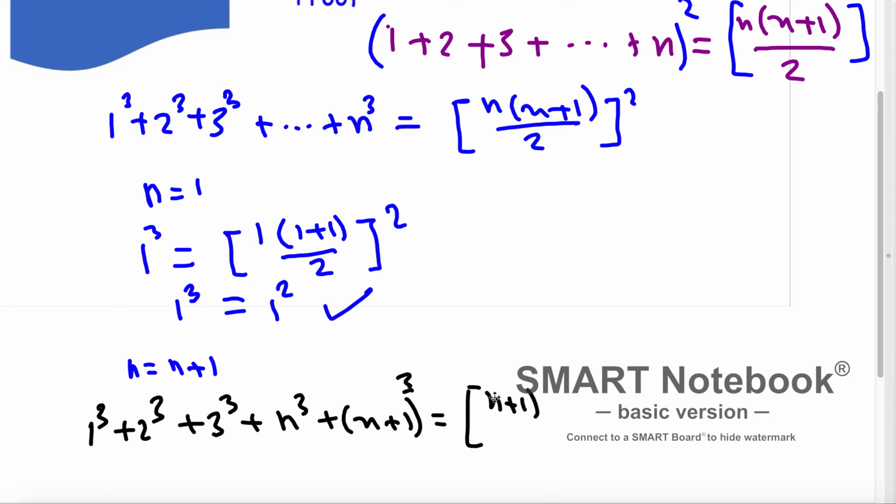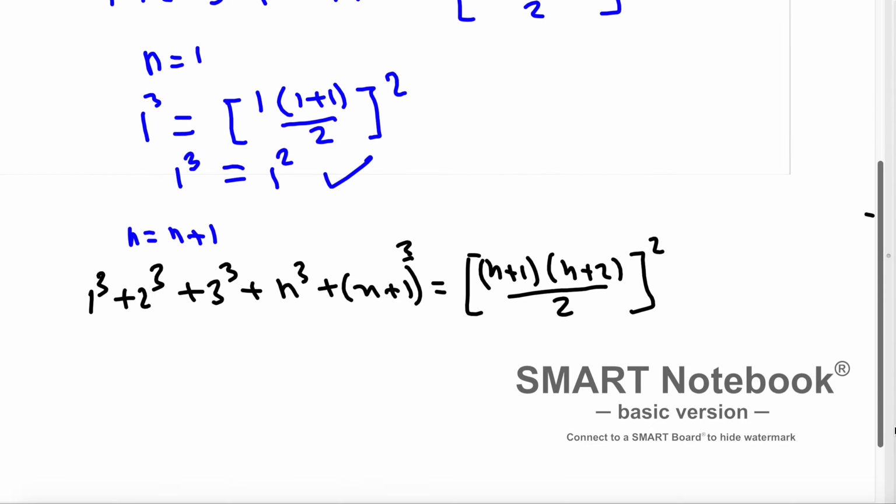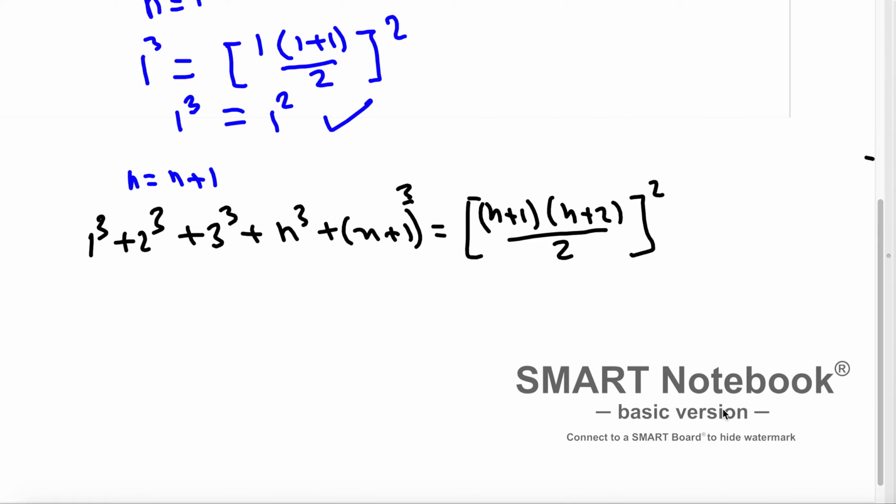So n plus 1, and here instead of the n, I'm plugging in n plus 1. Plus 1 is n plus 2. (n plus 1) times (n plus 2), and everything divided by 2, and everything is squared.